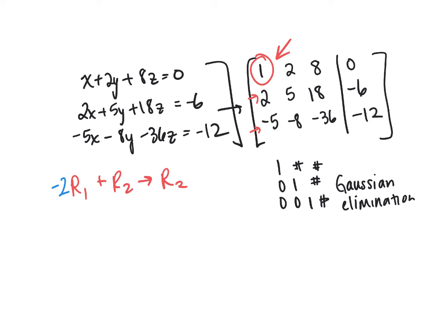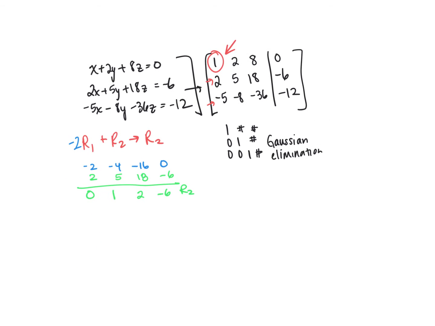So I'm going to show my work right here. If I multiply row 1 by -2, I get -2, -4, -16, 0. And my row 2 is still 2, 5, 18, -6. When I add those together, I get the 0 I wanted, and then I'll have a 1, 2, 2, and -6. So this is my new row 2.